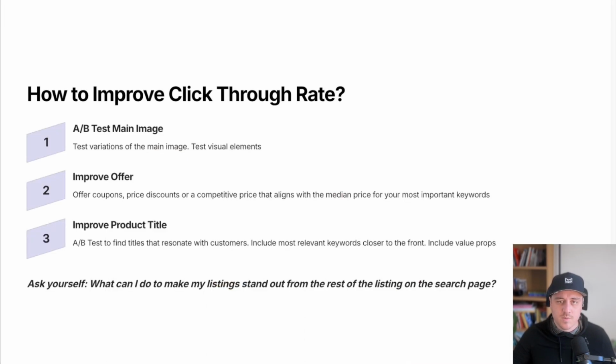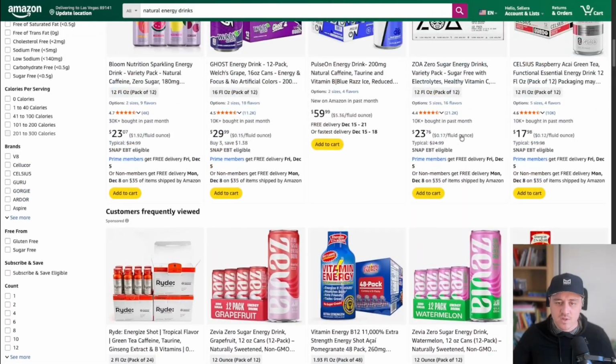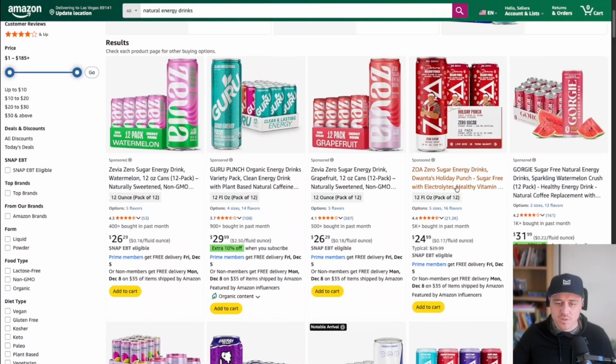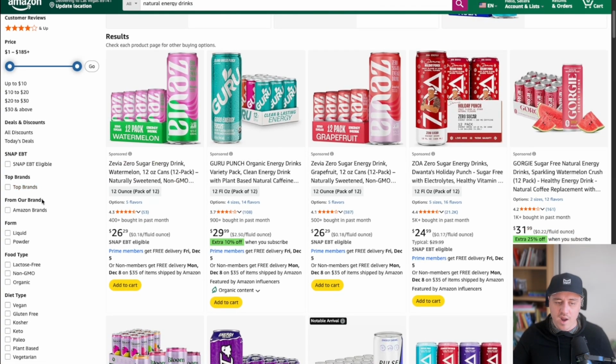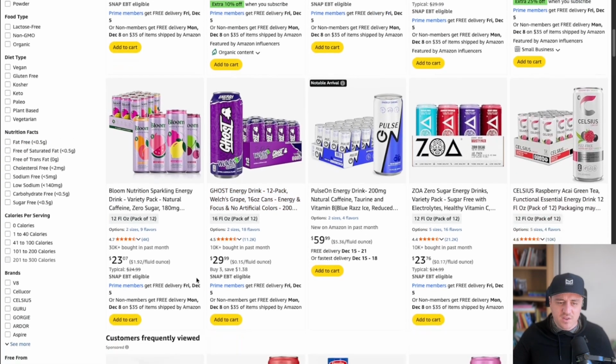The second is going to be improving the offer. Amazon customers specifically are very price sensitive simply because Amazon is a price comparison platform built in, right? You can see exactly what all the other brands are charging. And so it's really important that your initial price is competitive. We see here that we have a range of different prices from $30 down to $23.